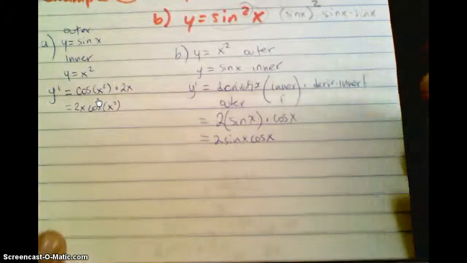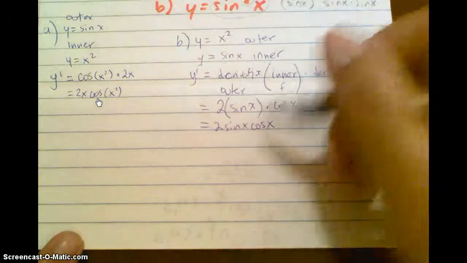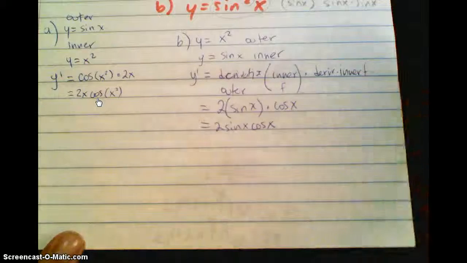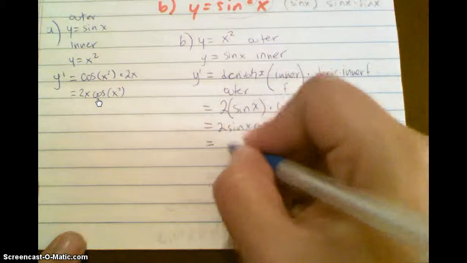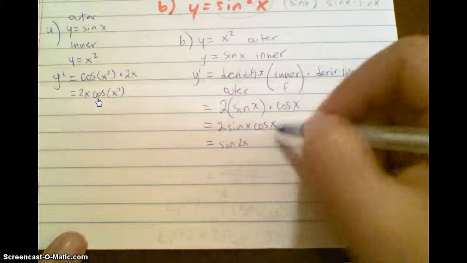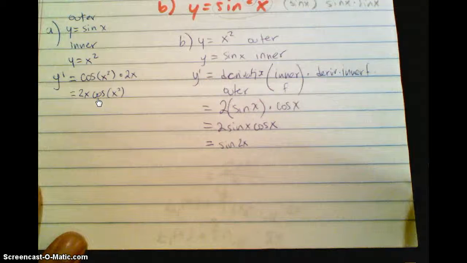Now, if this was a multiple choice on either exam, or if you look at an answer key, you may see this, or you may see the equivalent, which is sine of 2x. And this is one of the trig identities that we have worked in the past.